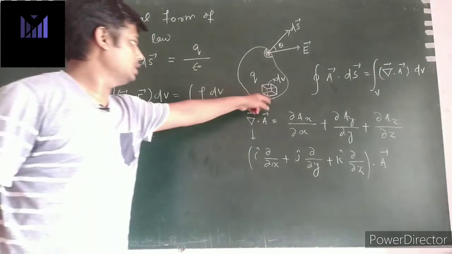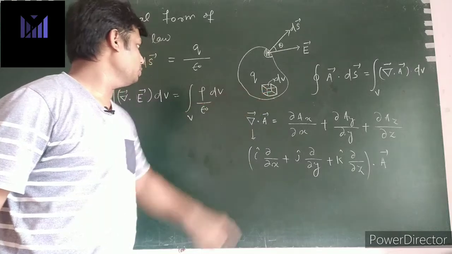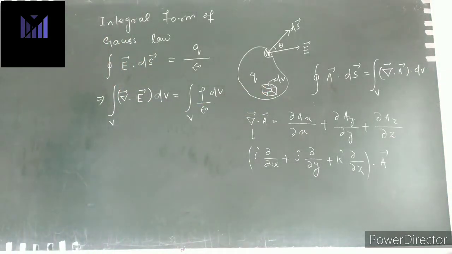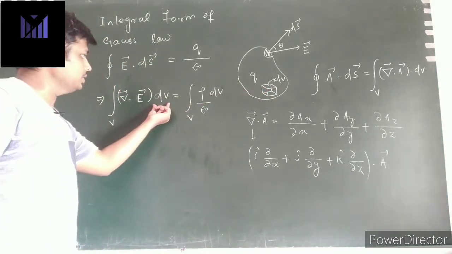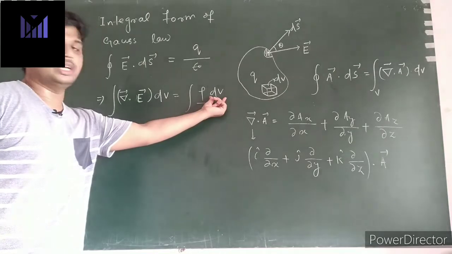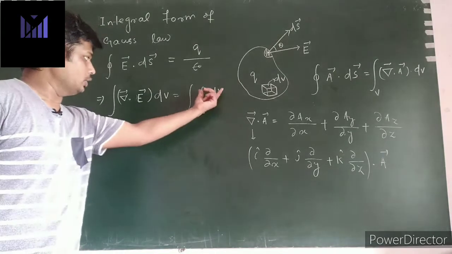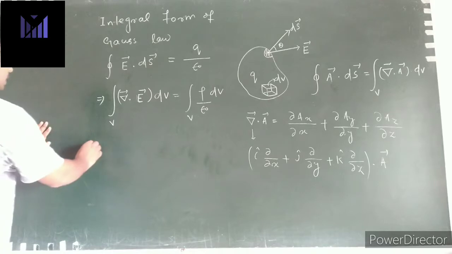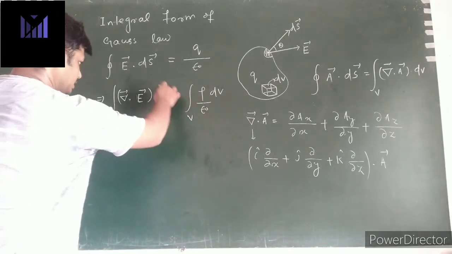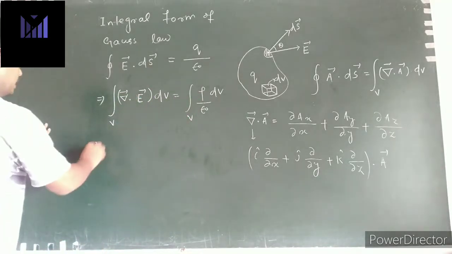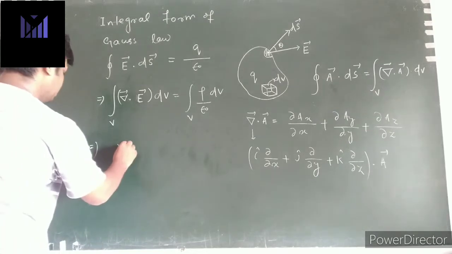So the charge in this volume is given by rho into dV. Here dV on both sides are arbitrary volume elements, so we can cancel out this arbitrary volume element and the integration part from both sides to get the final expression.